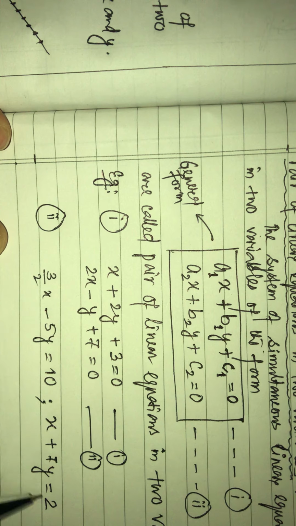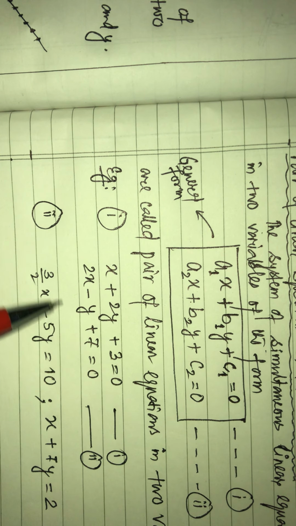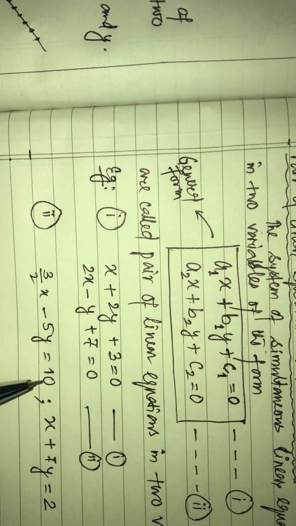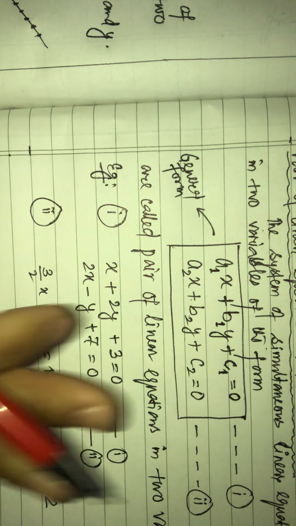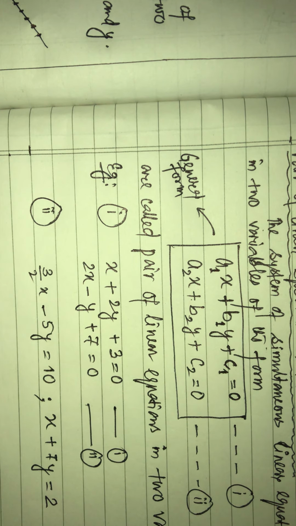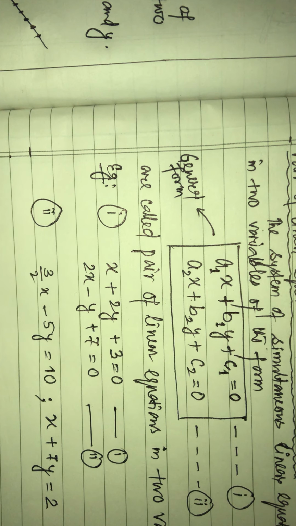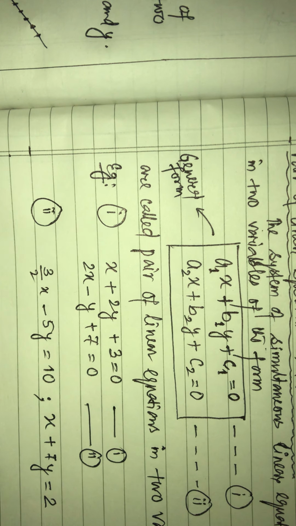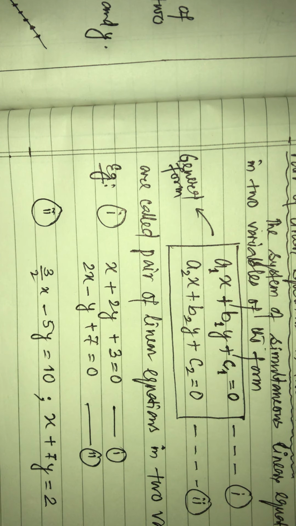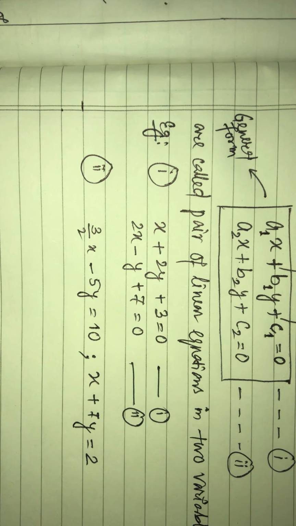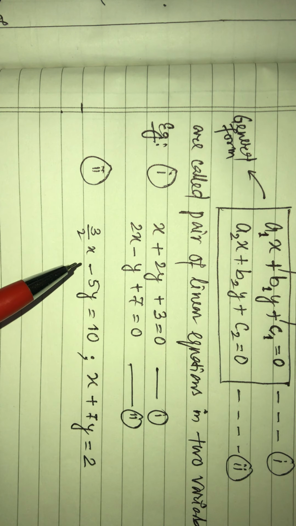So again we got 2 at a time, and we call such a pair of linear equations in two variables. So this is your introduction to the pair of linear equations in two variables, and here we will learn everything you did in class 9 last year. Here you will plot graphs for such equations.